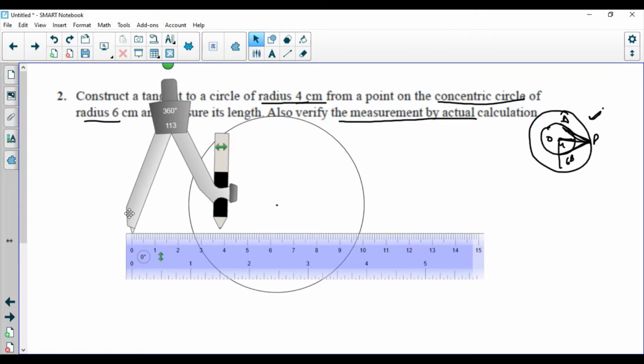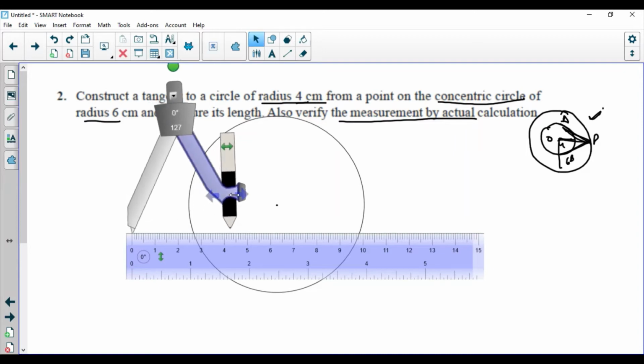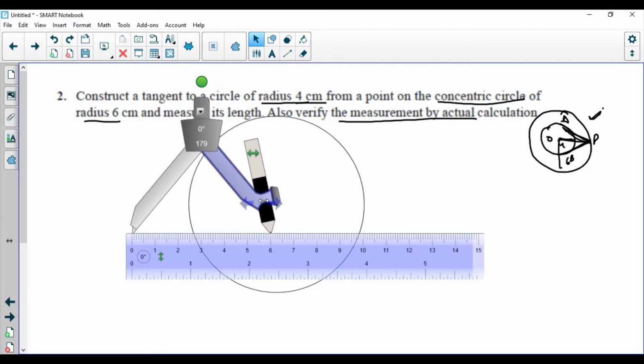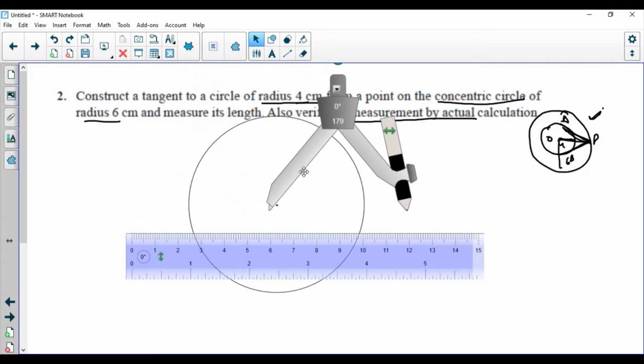Now we have to draw the 6 centimeter circle, taking the same point as a center. Okay, same point.